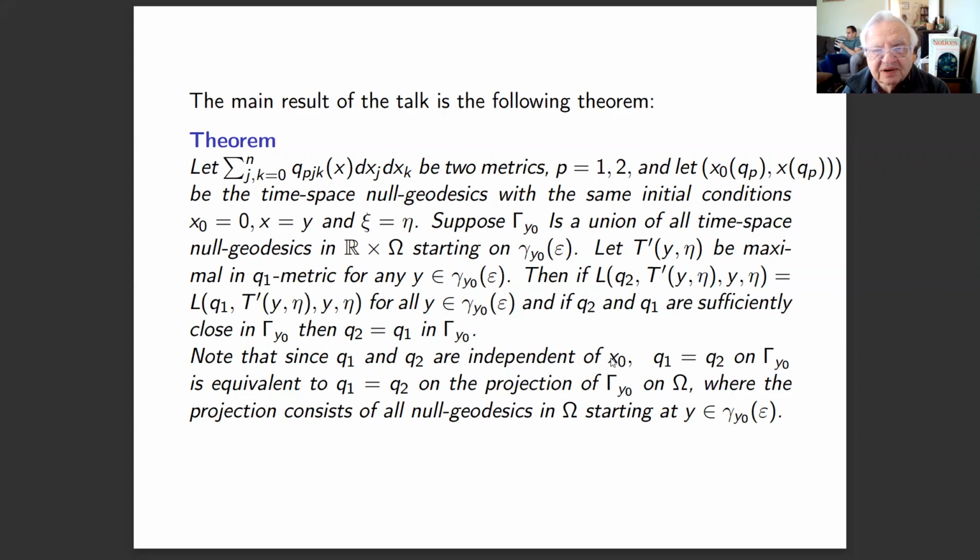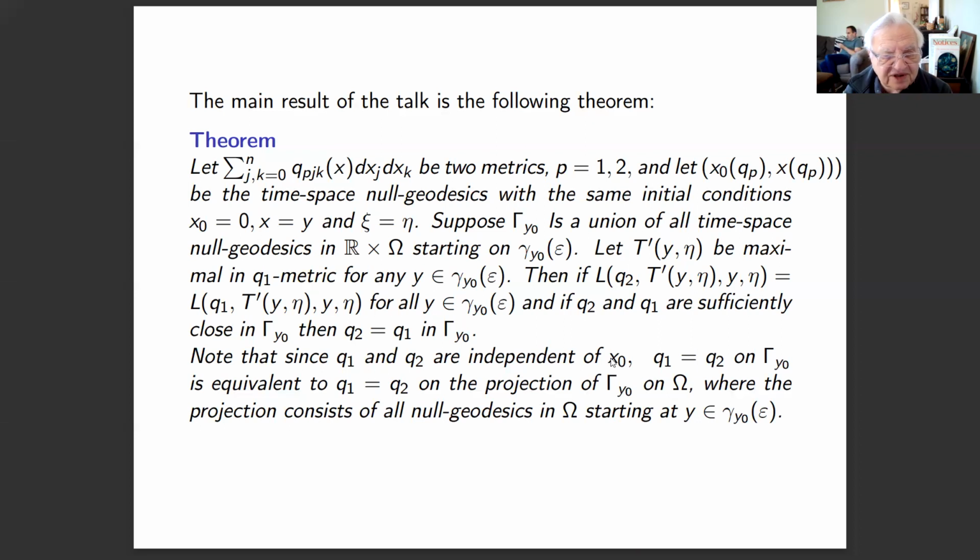So this is the theorem: if the length L of time-space null geodesics is equal for Q_1 and Q_2 for all y in the neighborhood, and if Q_2 and Q_1 are sufficiently close on Gamma(y_0), then Q_2 equals Q_1 in Gamma(y_0).